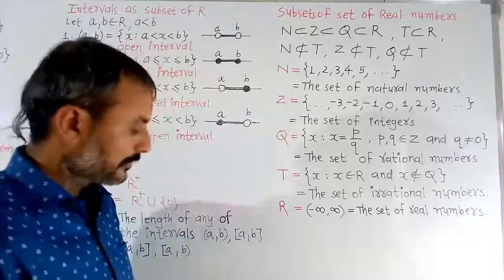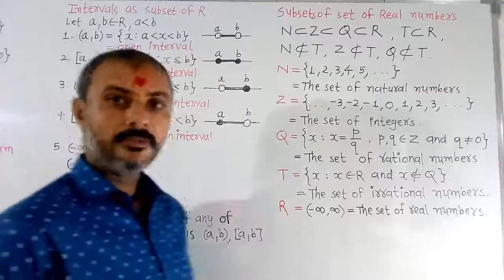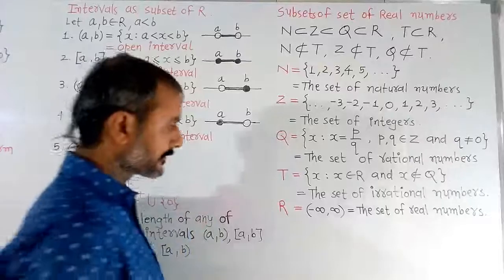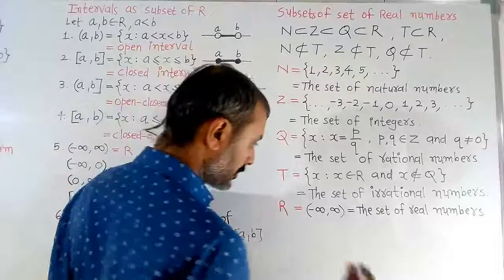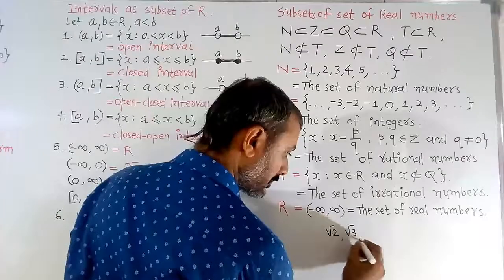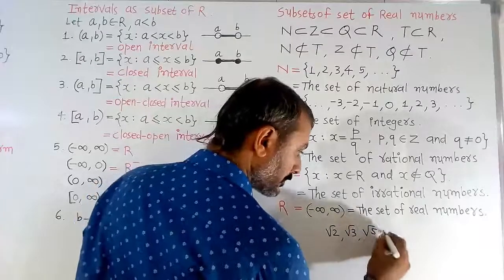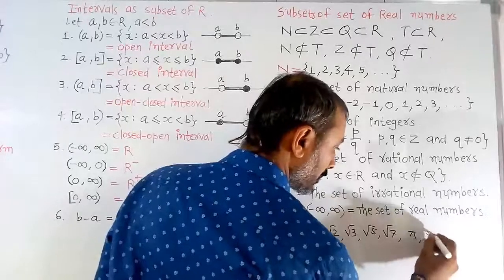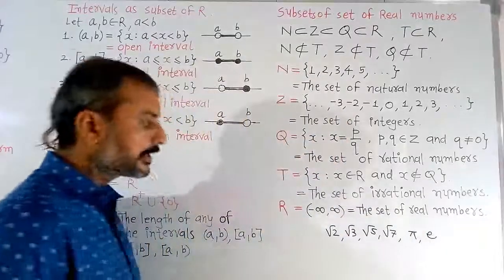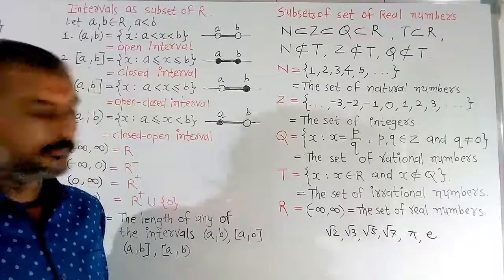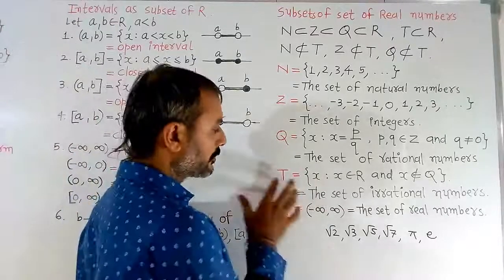And which type of numbers belong to T? Like this, see, √2, √3, √5, √7, pi, e, all are irrational numbers. These are irrational numbers and they belong to T.